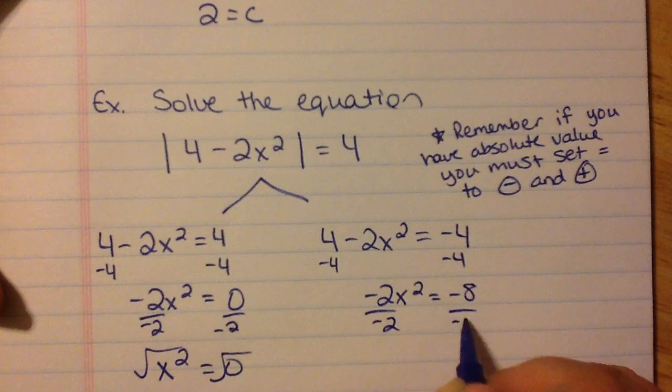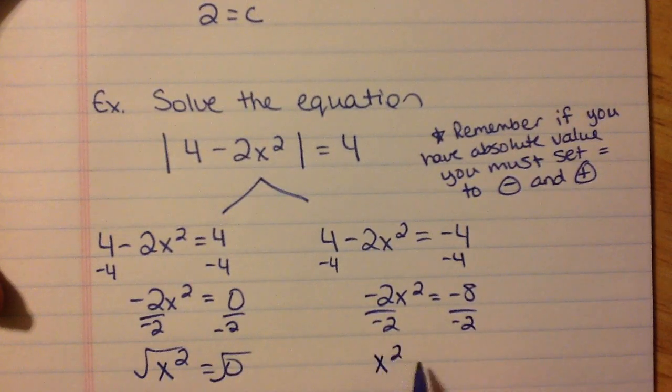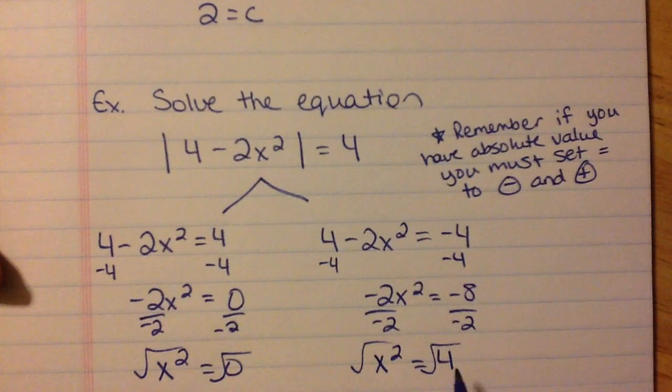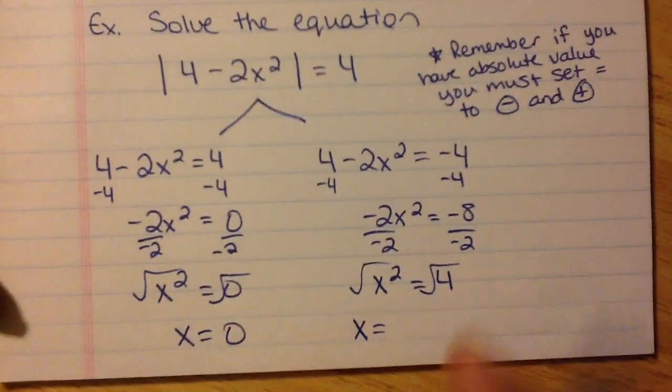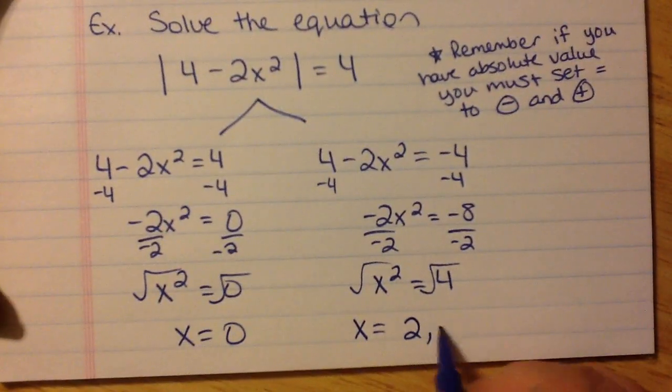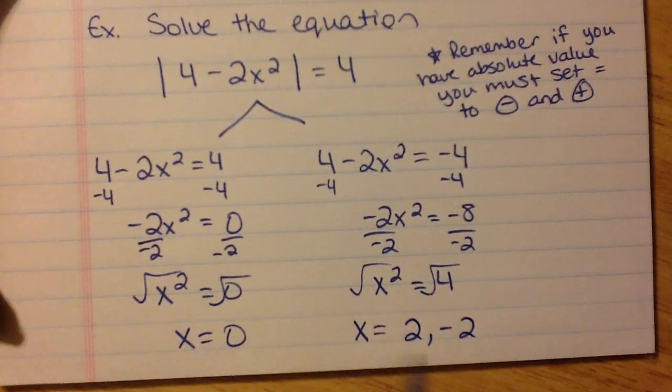Divide by -2, x squared equals 4. Take the square root, and x equals, remember when we take the square root, we have to write the positive and the negative. So I actually end up with 3 answers to this one: 0, 2, and -2.